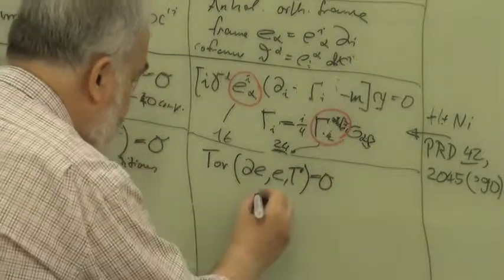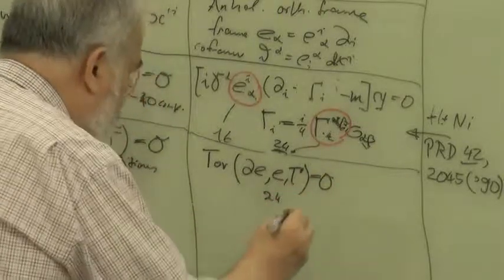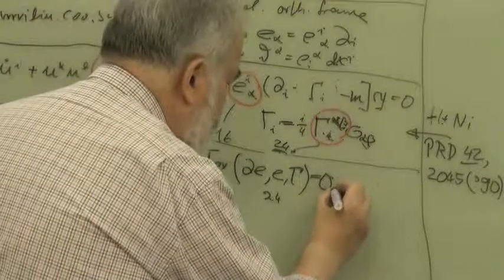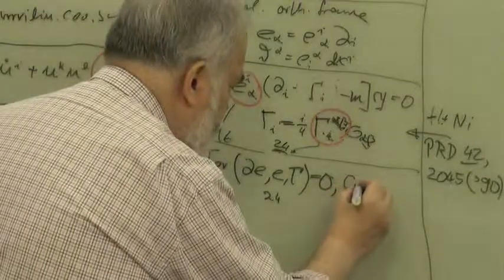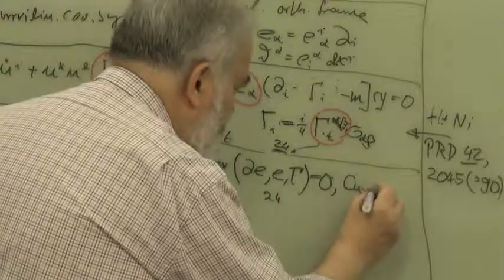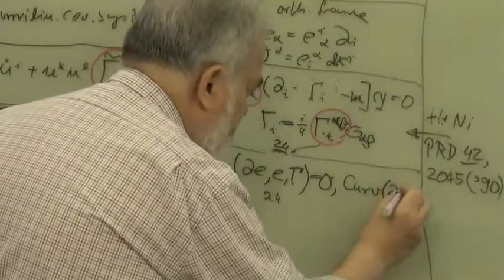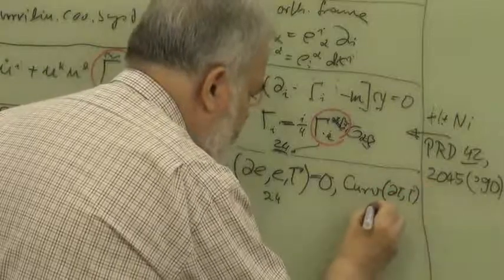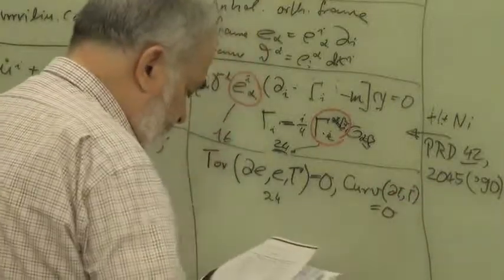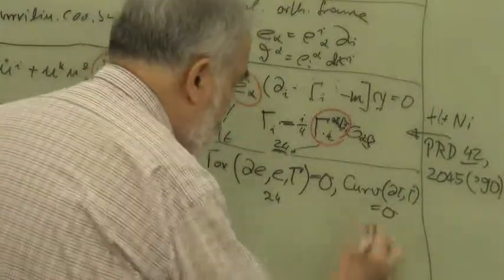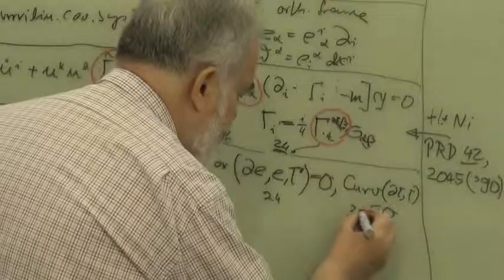These are 24 conditions. And the curvature, which is no longer a Riemann curvature in general, but the curvature, depending on gamma, d gamma, and gamma, is also equal to 0. And this corresponds to 36 conditions.